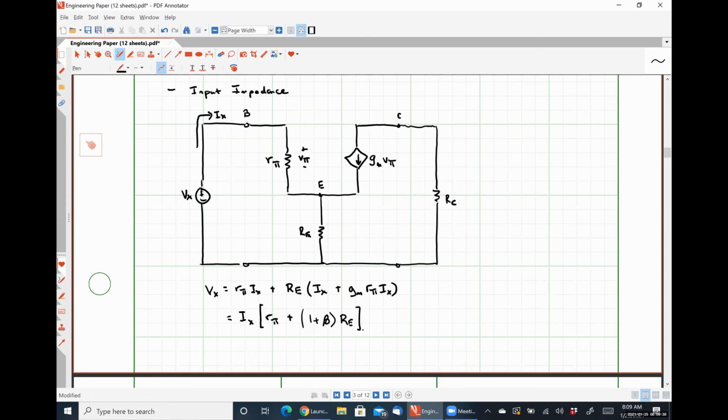And from this, I can easily see that my input resistance is now r_pi plus 1 plus beta times RE. So while we have this fresh in our minds, what effect does the emitter degeneration have on our input resistance?